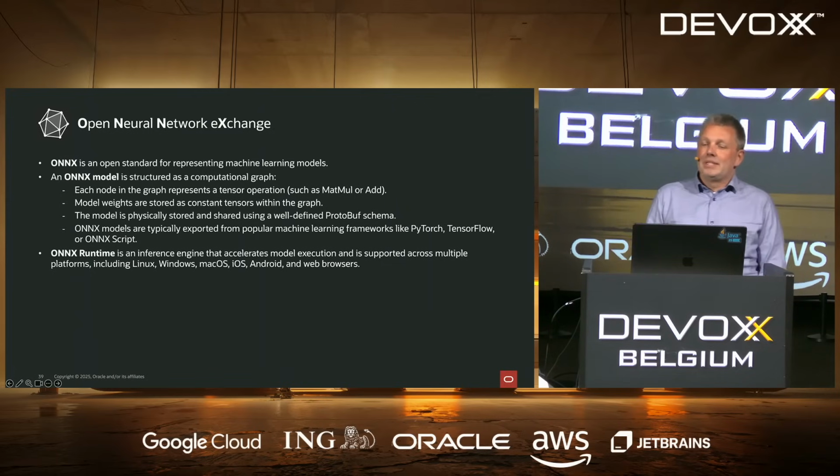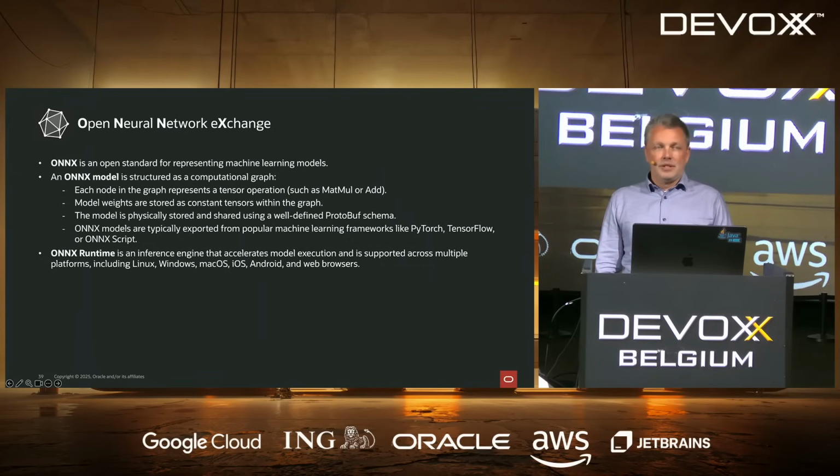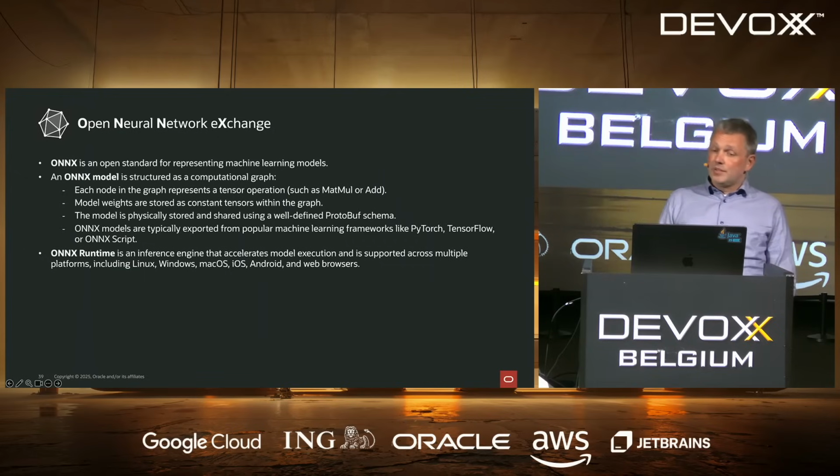It's an open standard for packaging and sharing machine learning models. Think of ONNX as a computational graph that operates with mathematical operations like matmul, multiply, add. And it also includes the weights and stored constants.